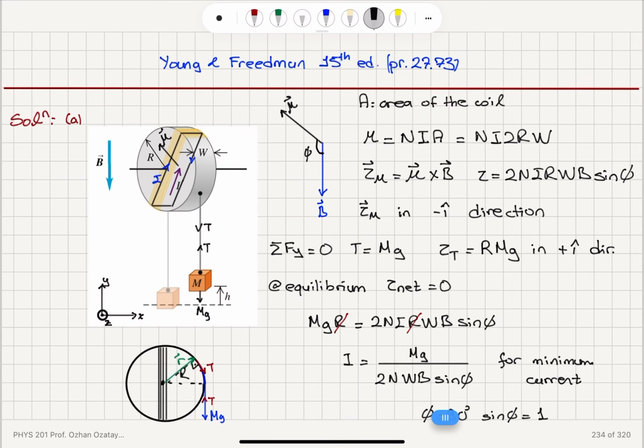So phi equal to 90 degrees implies also that h must be equal to capital R, right? So when phi is equal to 90 degrees, this is basically going to be pointing in this direction. So the coil will be totally up like this.